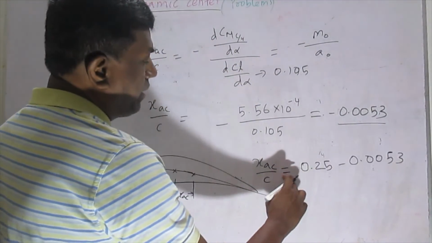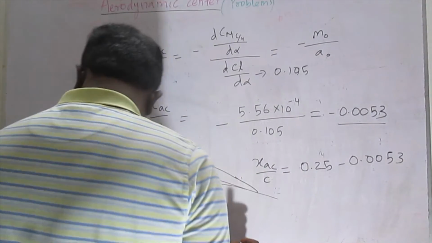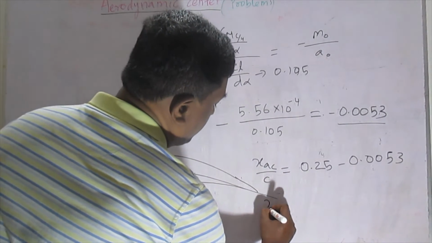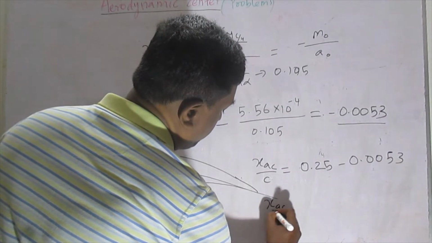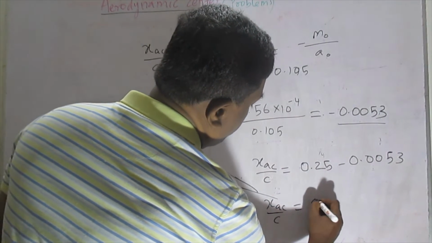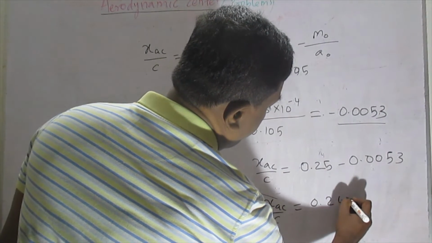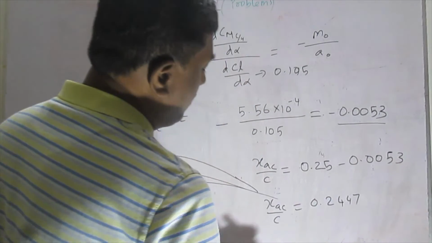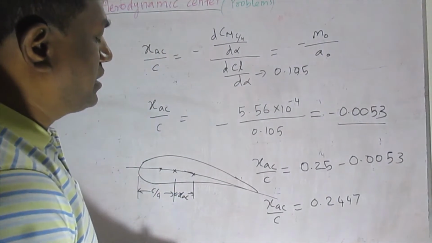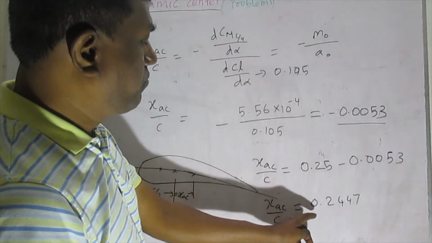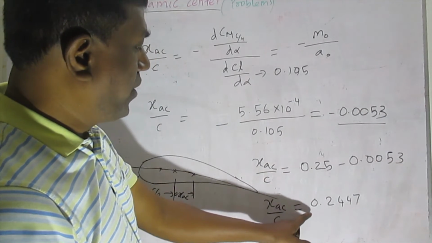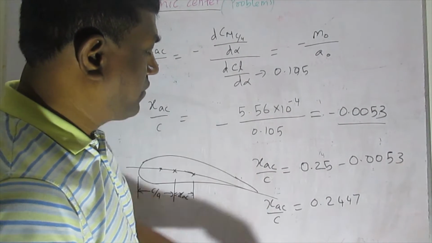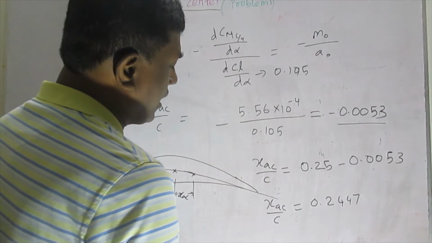After doing this, how much are we getting? XAC by C equal to 0.2447. So this is the value we are getting. That means our aerodynamic center is located at 0.2447 times the C.